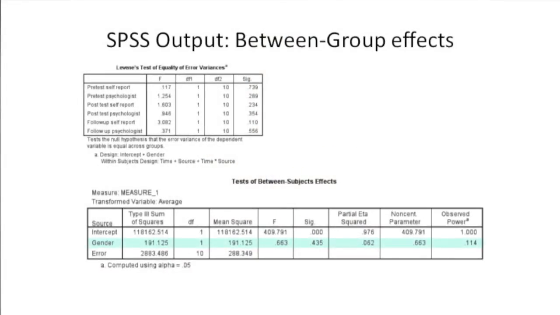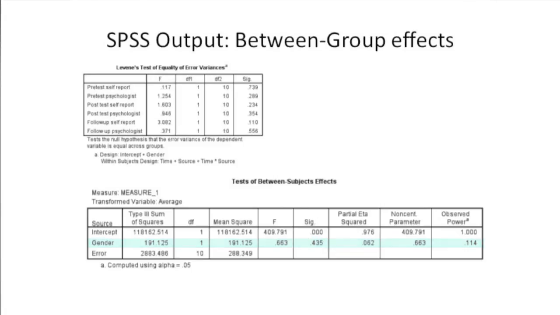So when designing your study, aim to have a relatively equal group size, and a moderate to large sample size as well. So here is the main effect of gender. It has a significance value of 0.435. Thus, the main effect for gender is not significant.